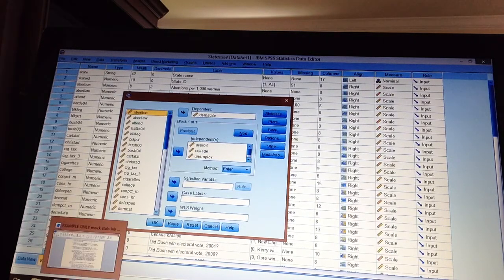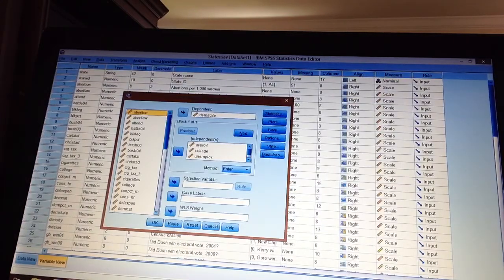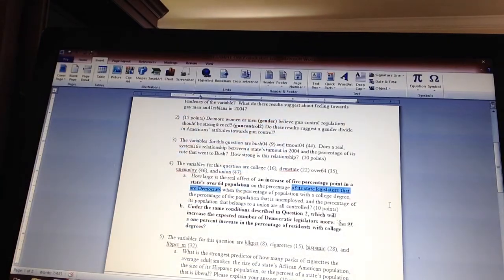Remember, the outcome we want to predict is the dependent variable. In this case, we want to predict the percentage of state legislators that are Democrats. That's the dependent variable whose outcome we're trying to predict. The independent variables are basically everything else.